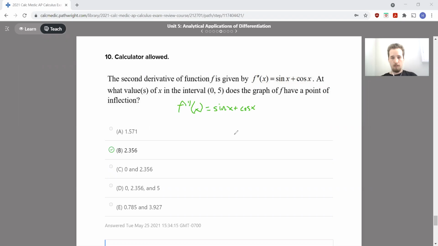And so does the graph of f have a point of inflection? Okay, well, point of inflection is just where this is equal to 0. Okay, so from there, I'm sorry about the noise.